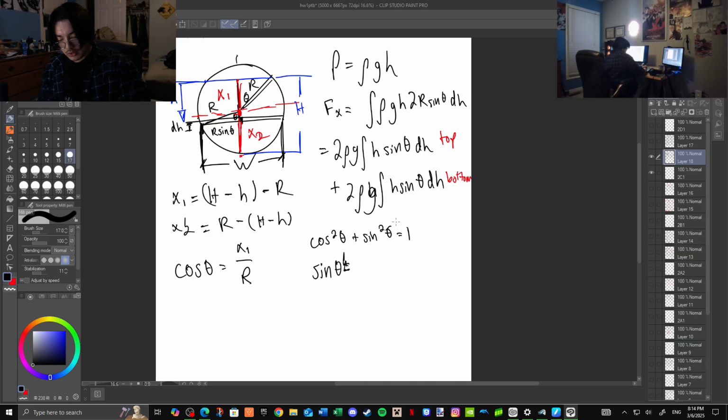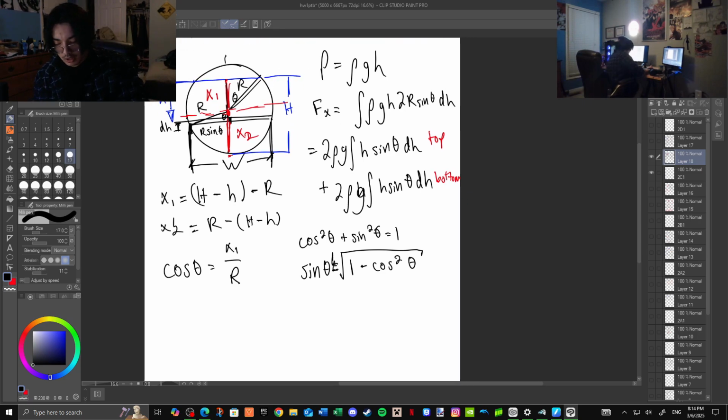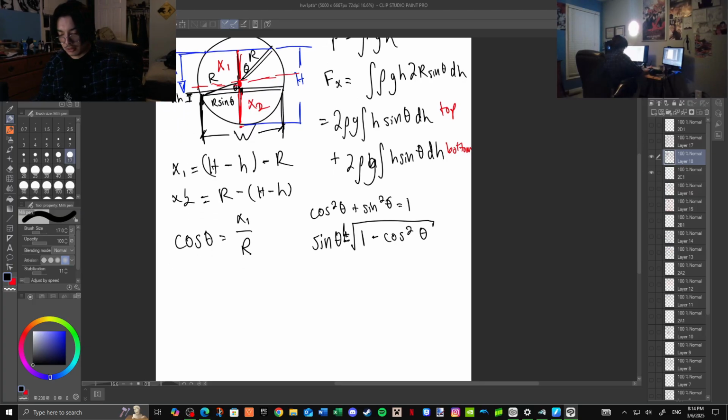So we have sine squared theta equals 1 minus cosine squared theta, but since we want to get rid of that square, or that power of 2, we've got to square root both sides, and we get sine theta is equal to the square root of 1 minus cosine squared theta, right?